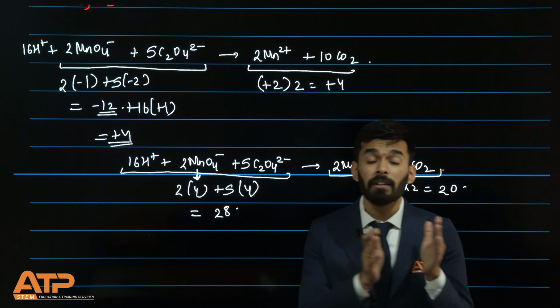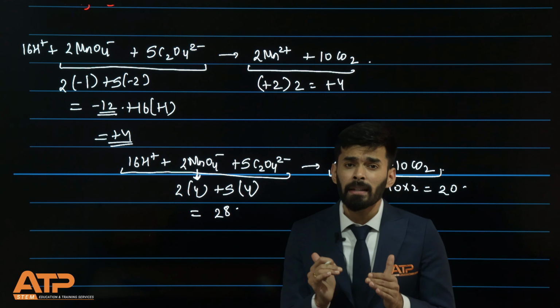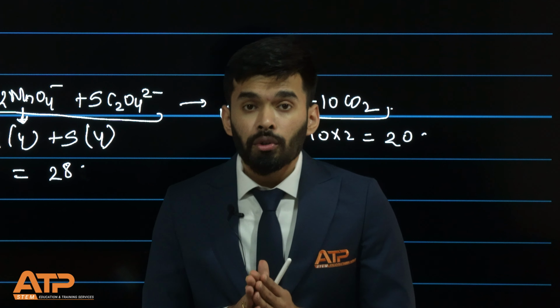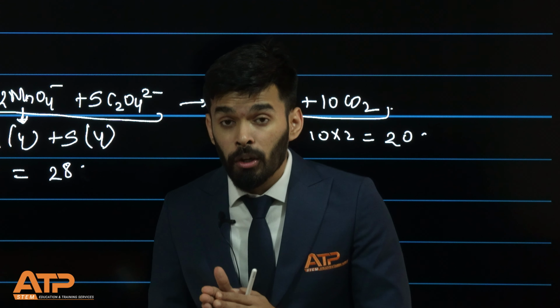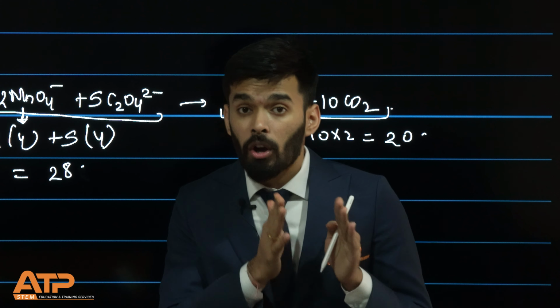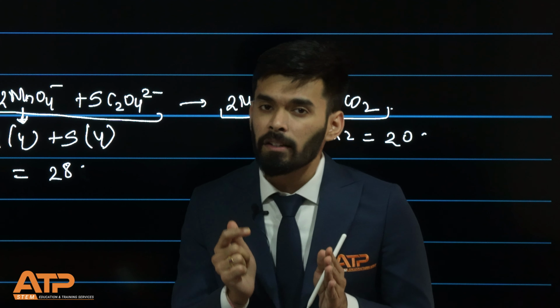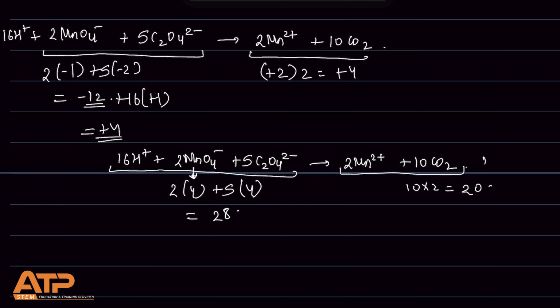On the product side, we have 20 oxygen atoms. We have to make this equal. We can do that by adding 8 water molecules on the product side, because each water molecule contains 1 oxygen atom. So 8 water molecules will contain 8 oxygen atoms. So due to that, the number of oxygen atoms on the product side also will become equal to 28.